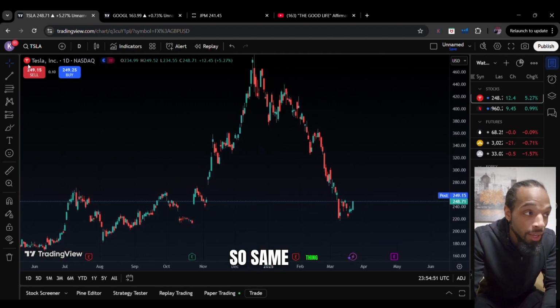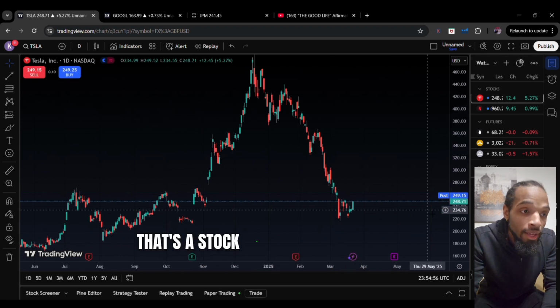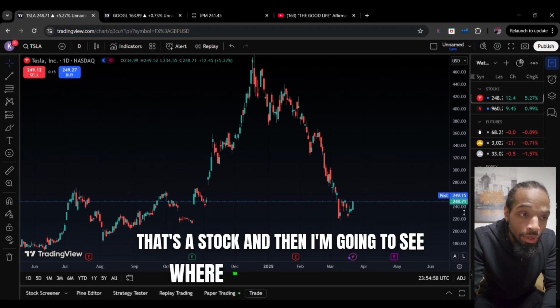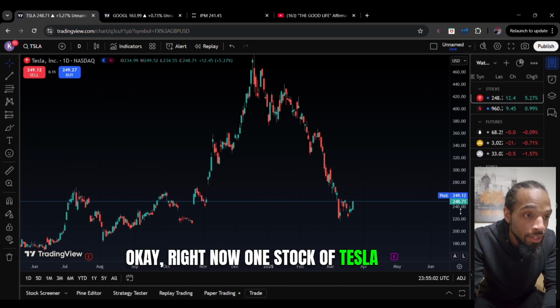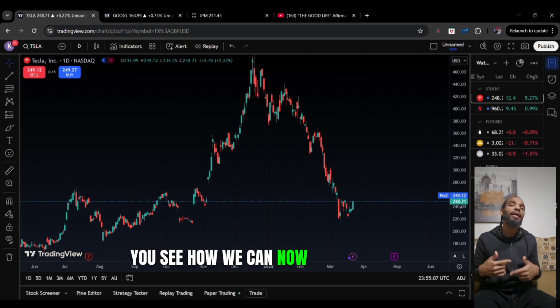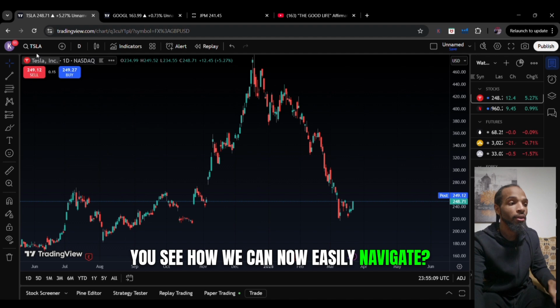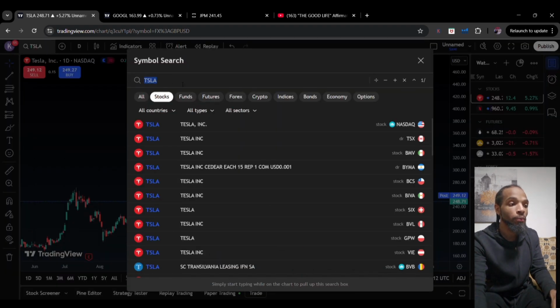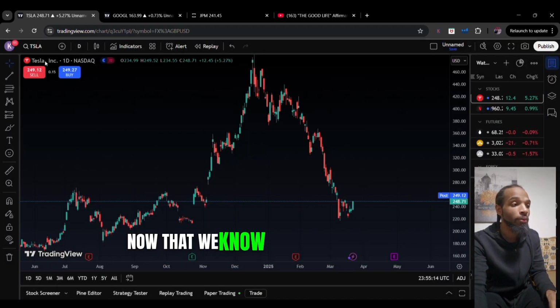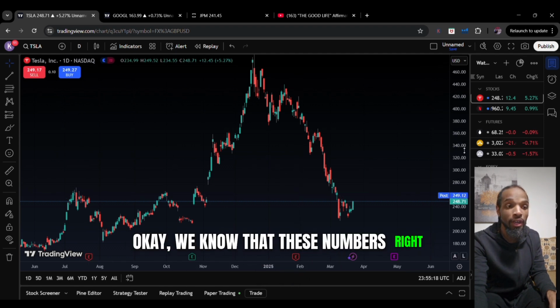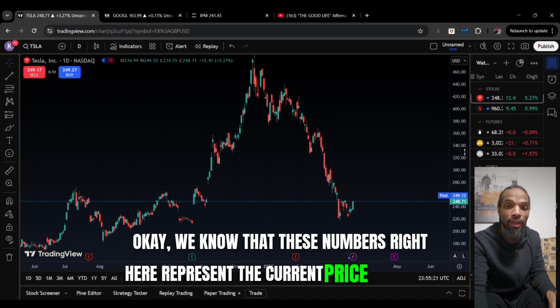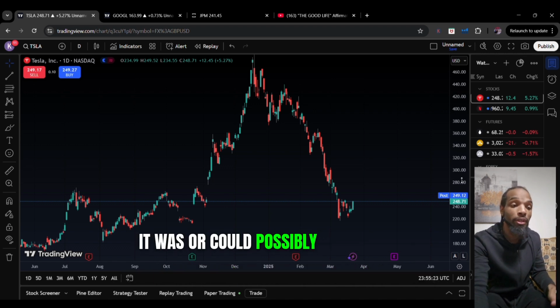So same thing. Okay, we know what we're looking at. We're looking at Tesla. That's a stock. And then I'm going to see where the current price is at. Right now, one stock of Tesla is $240.48. You see how we can now easily navigate? We click it, we can search whatever we want. Now that we know what we want, we see where it's at. These numbers represent the current price or where it was or could possibly go.